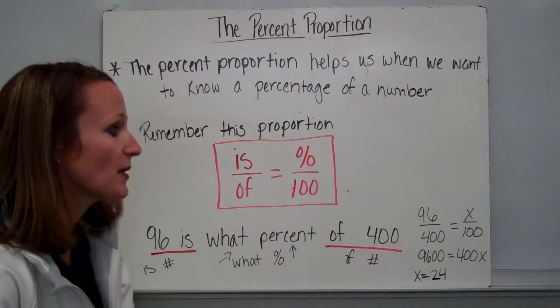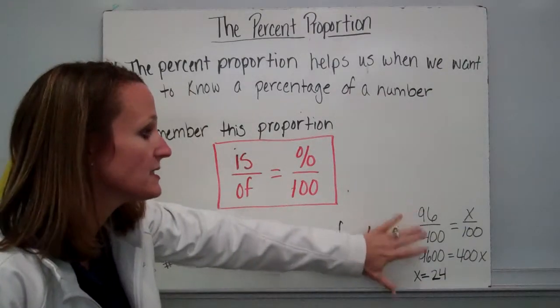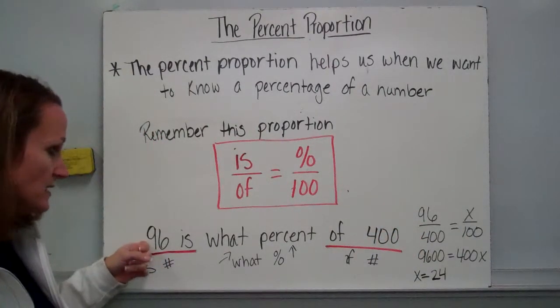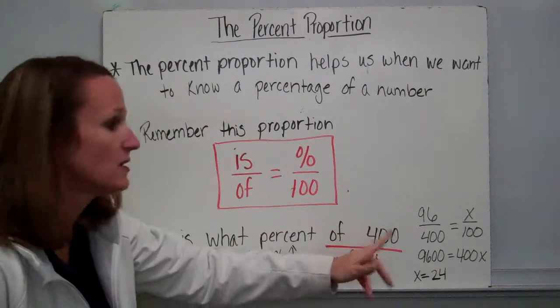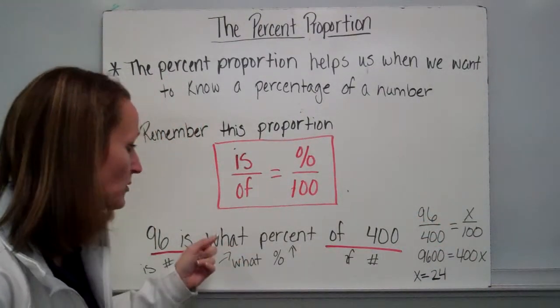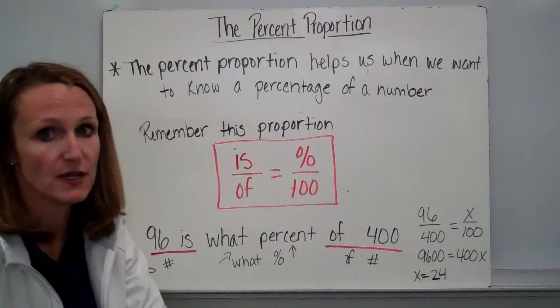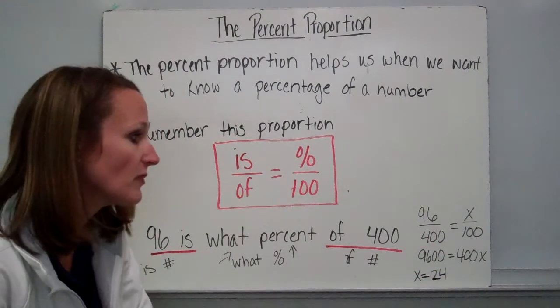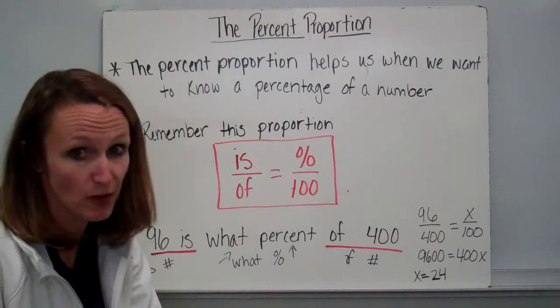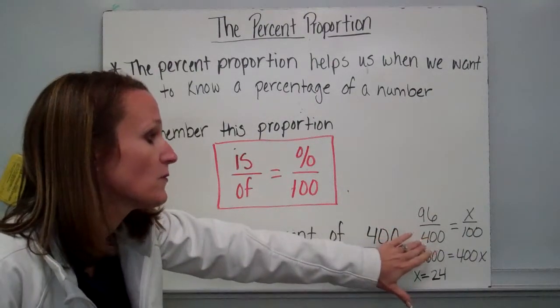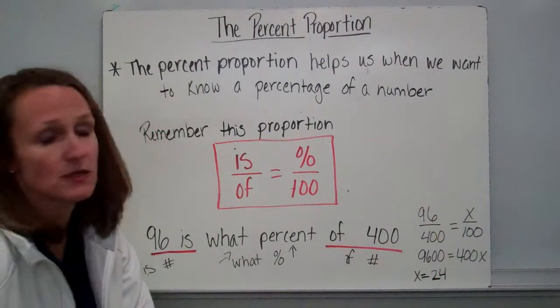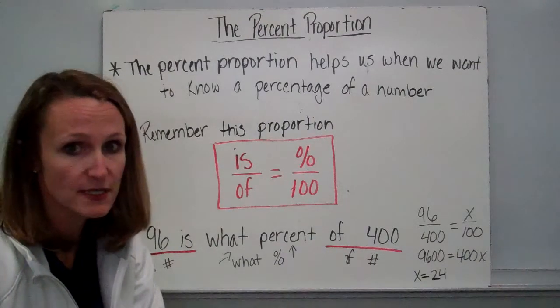So now we can set up our proportion. Here it is, 96 over 400, because we had our is over our of, equals x, because remember we're looking for what percent, and then as I said, always going to have a 100 in the percent proportion. Okay, so now we can cross multiply as you always do in a proportion. So 400 times x equals 96 times 100, or 9600.